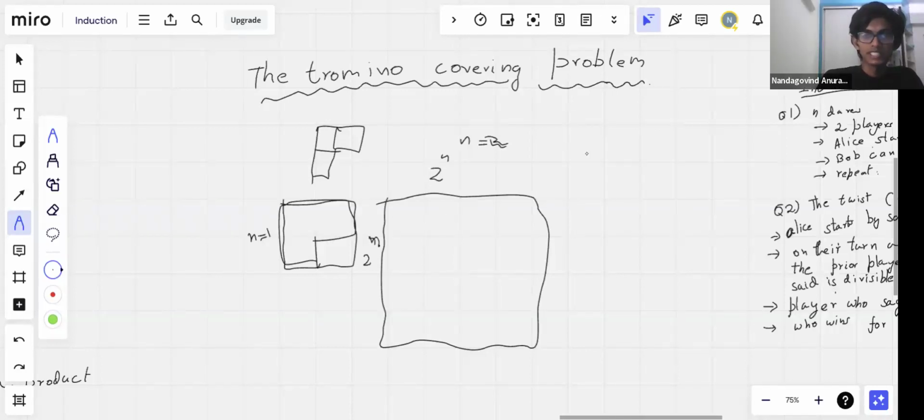So Vikram and Betal. Betal places a bomb on one of the tiles. Vikram wants to place trominos such that every tile is covered by exactly one tromino except the tile with the bomb.